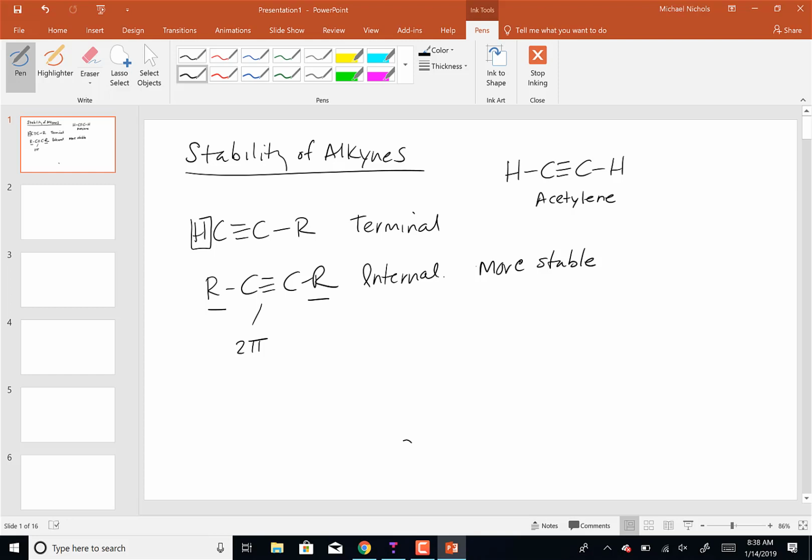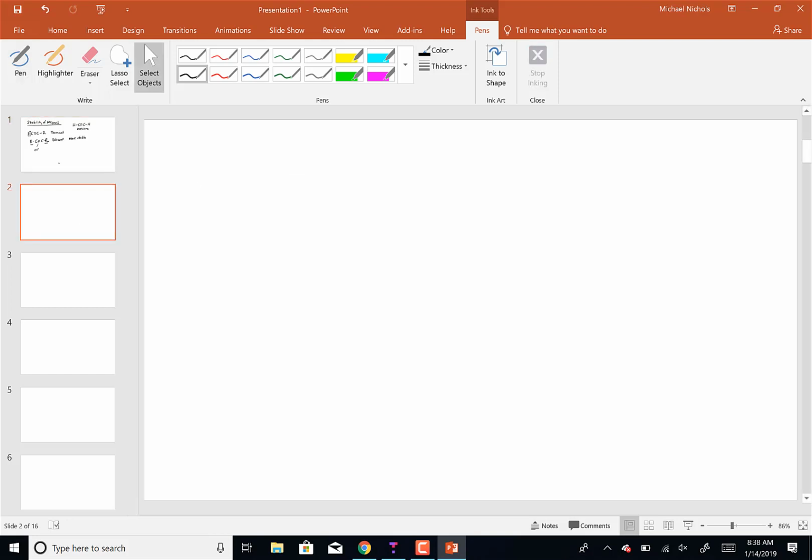Okay. Chemical properties. If we have a terminal alkyne, that means that if we have a strong enough base, we can deprotonate the terminal alkyne to form what's called an alkynyl anion.